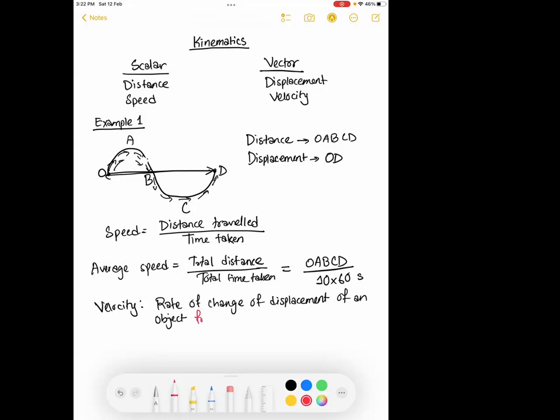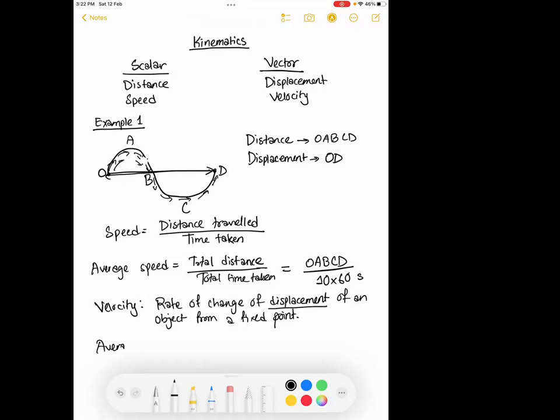You can just stop there, or maybe you can say from a fixed point. That's basically displacement per unit time.